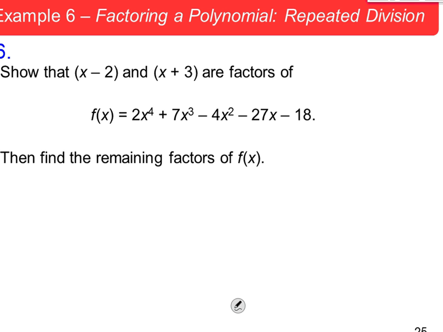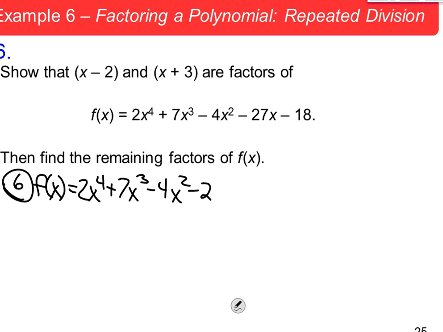So since we're told to show that these are factors, our rule is f of x equals 2x to the fourth plus 7x to the third minus 4x squared minus 27x minus 18. And so the powers are 4, 3, 2, 1, 0. So they're in decreasing order, and every term is accounted for.